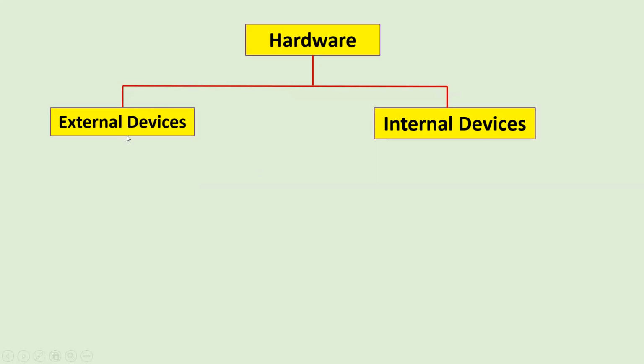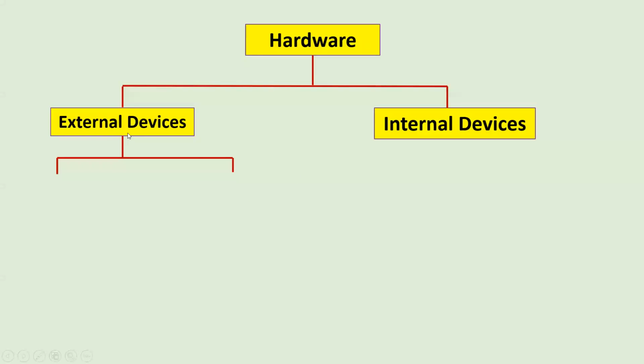Right? Consider the external part. Again, these external devices can be categorized into two parts based on their task. Right? There are some devices we are using to input data. Earlier we learned what is data. Right? If we are doing some task, many types of data are with us. There should be a way to input this data to the computer. The devices you are using to input the data are called input devices.